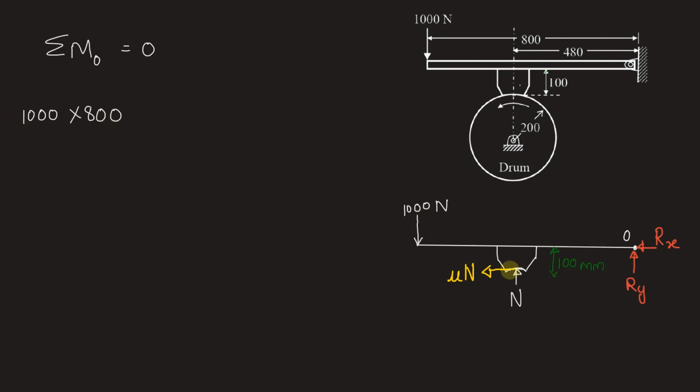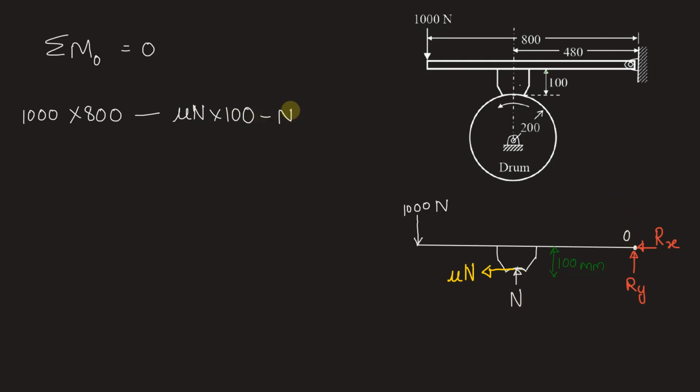Further, the force that creates moment is mu N into 100 millimeters. Distance between point O and the force is 100 millimeters, and that is why we will write it minus mu N into 100 millimeters. The normal reaction N is also going to create a clockwise moment. This will also be negative.